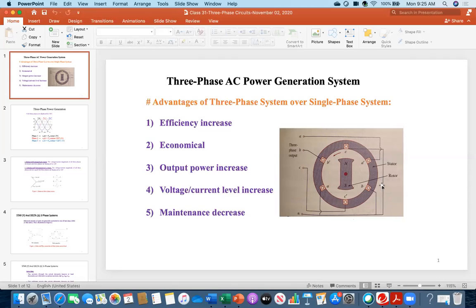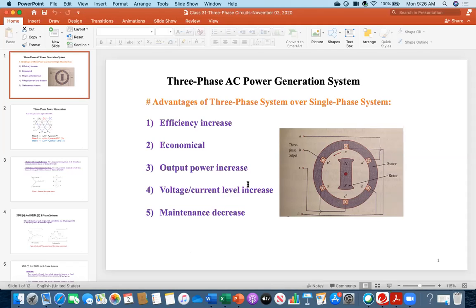Because this is one integrated system, just one engineer or one power operator is fine. But if you have three separate systems, then you need three separate people to work simultaneously. So in that sense, with this arrangement, maintenance decreases.